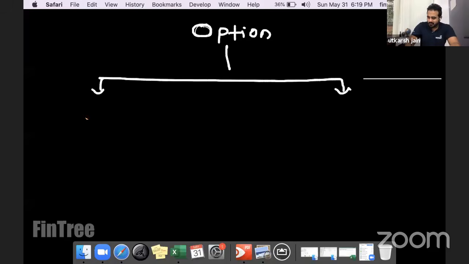Yeah, so two categories of options. So we'll say either an option could be a call option, typically in plain vanilla products, or we're looking at put options.